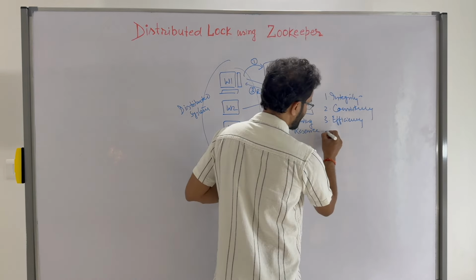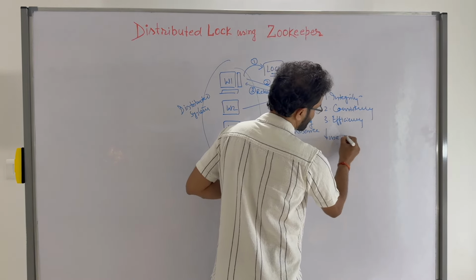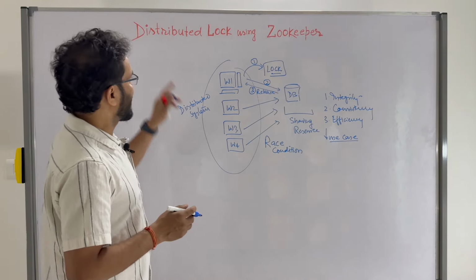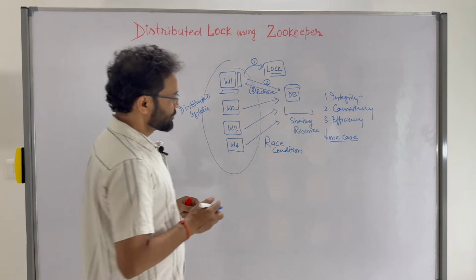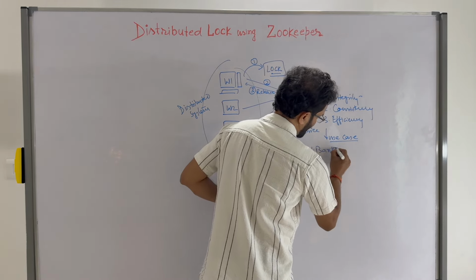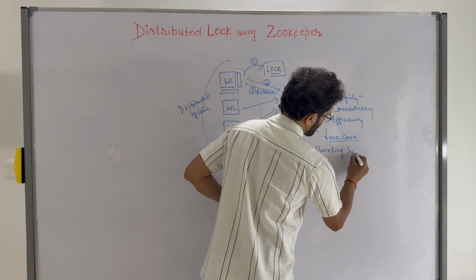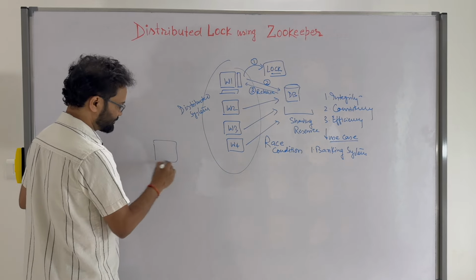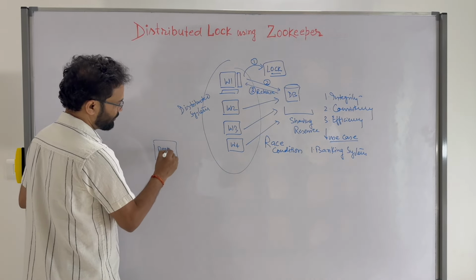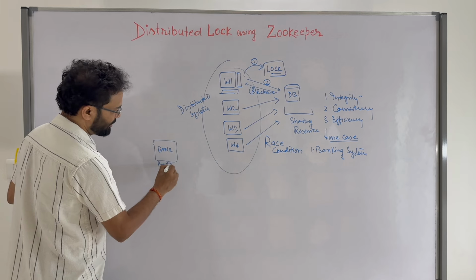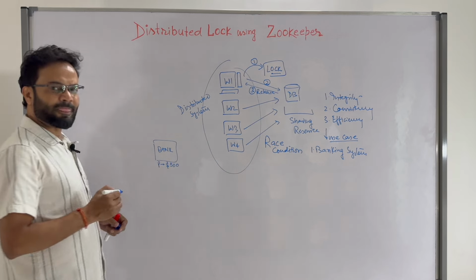So what kind of use cases will be impacted by not having a distributed lock? One is your banking system. Suppose this is your bank, right? And one person's account, suppose the person's name is P, has 500 dollars in the account.